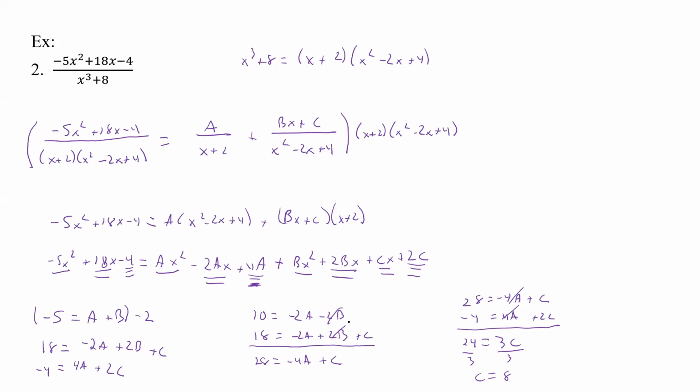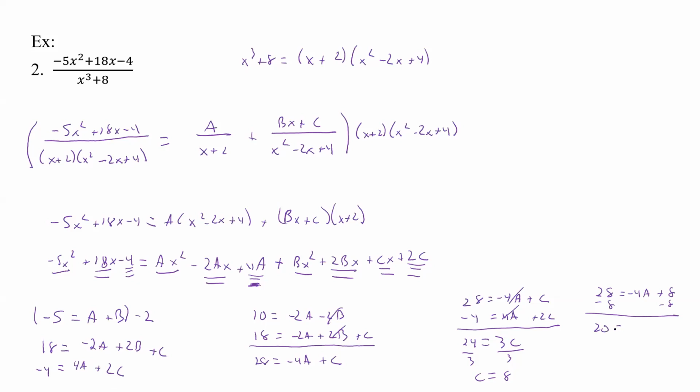Now I can go back in and solve for a, either in that equation or that equation. I don't care, it doesn't matter. Let's do it in this one. So we just have the 1c, we have to plug it in. So that gives us 28 equals minus 4a plus 8, subtract 8.